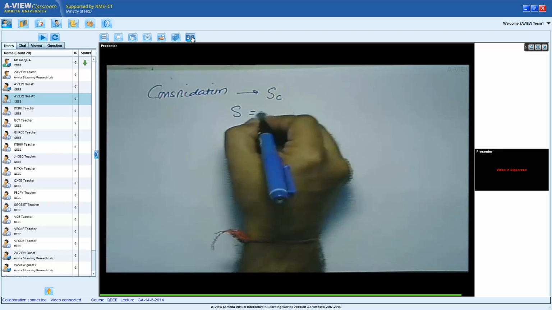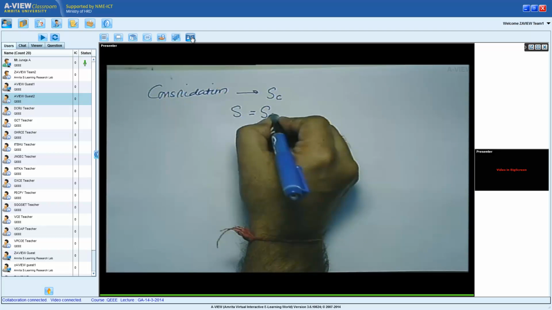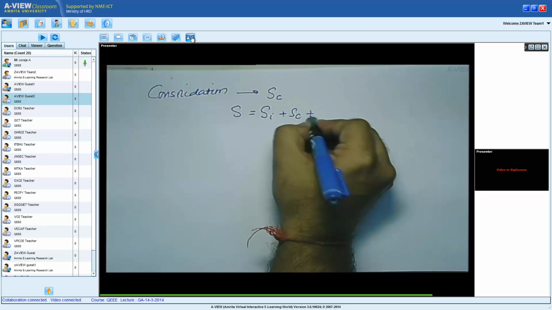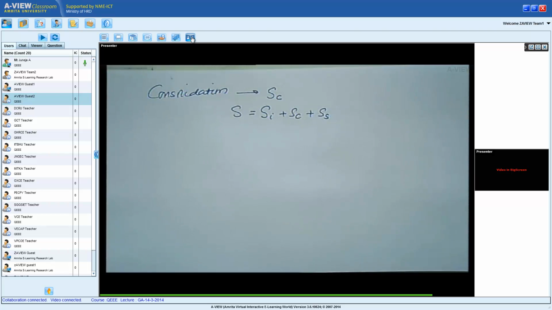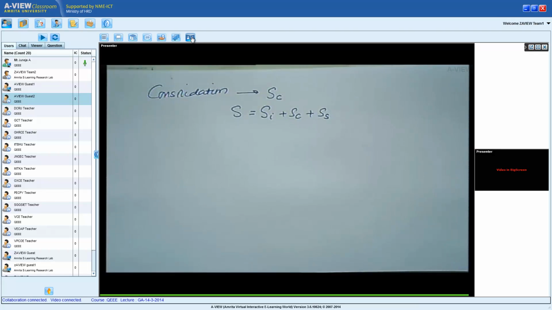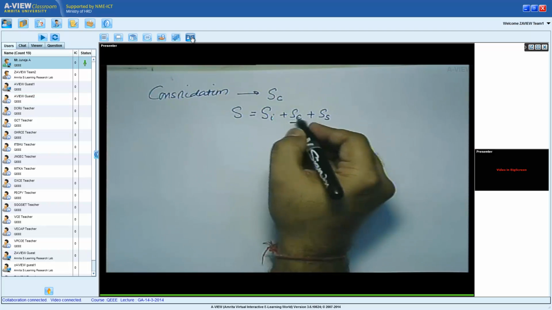Let me call this S. The total settlement should include the elastic or immediate settlement, plus the consolidation settlement, plus the secondary consolidation settlement. The secondary consolidation we can write as creep. The one we were interested in is SC, consolidation.